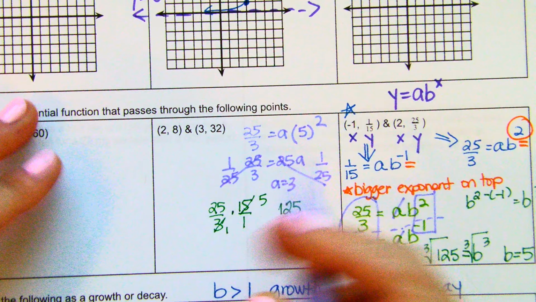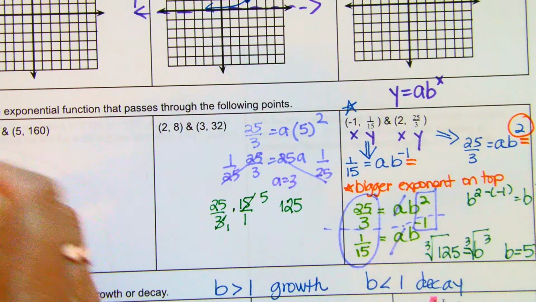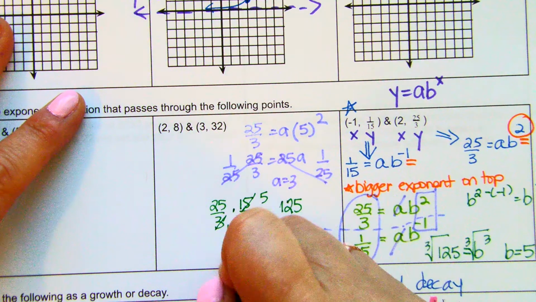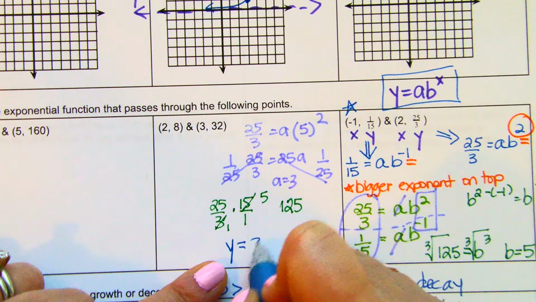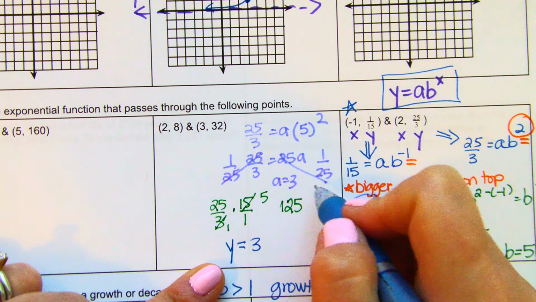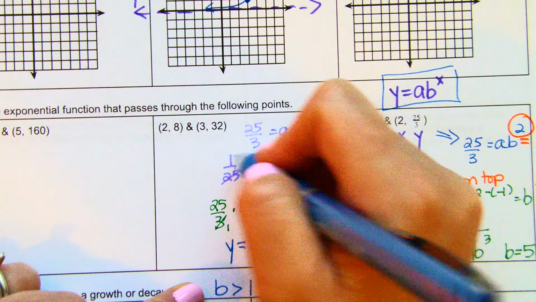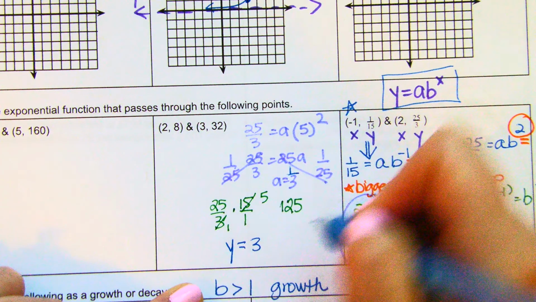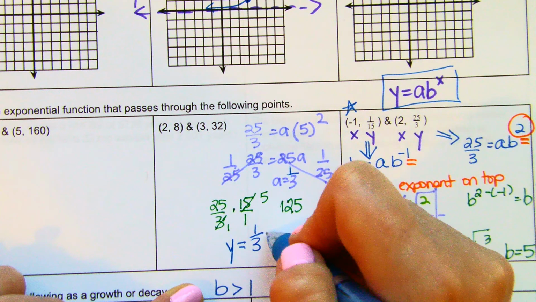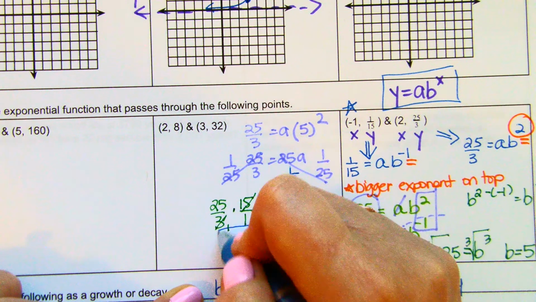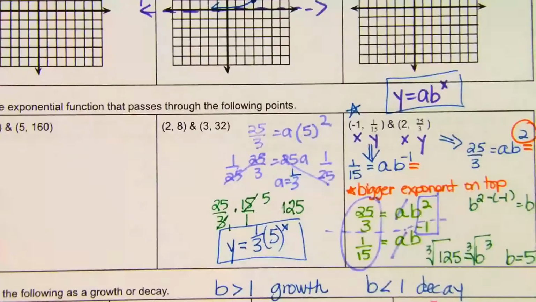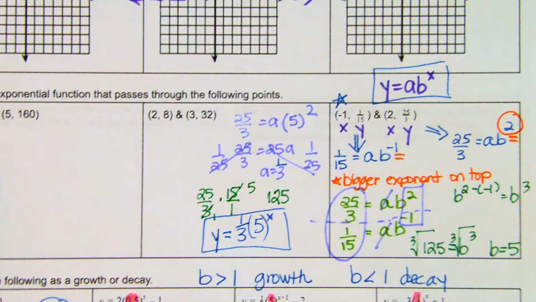So a is equal to 3. So then your final answer is y equals, because we're putting it in this form. So a is 3. Sorry, 1/3. Woo, forgot the 1 there. Is 1/3. And then b is 5. Okay, so 1/3 times 5 to the x.